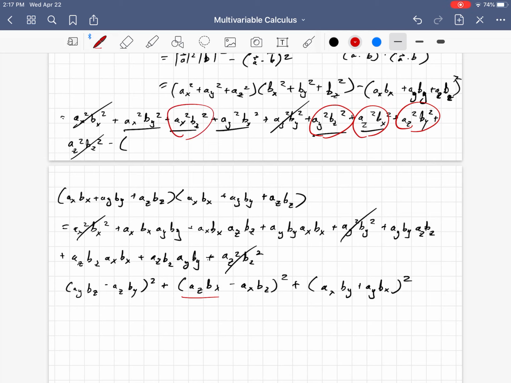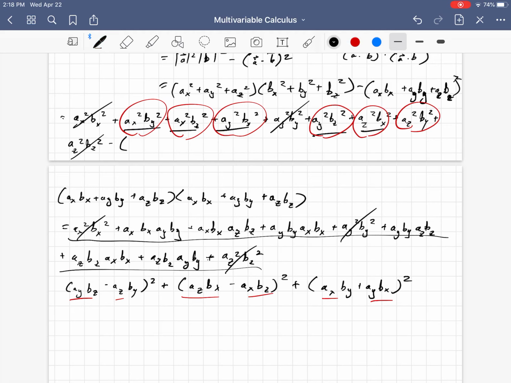I need a sub z b sub x squared. That's right here. And I need a sub x squared b sub z squared. That's right here. I need a sub x squared b sub y squared. That's right there. And a sub y squared b sub x squared. That's right there. Okay. So I have the squared pieces at the end of this.